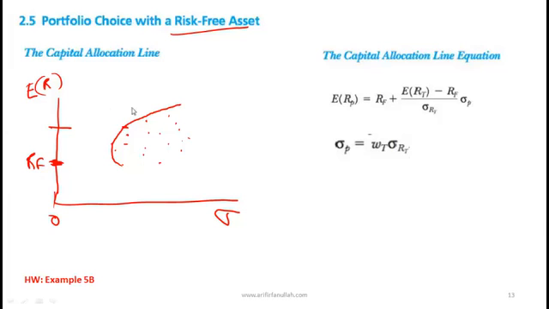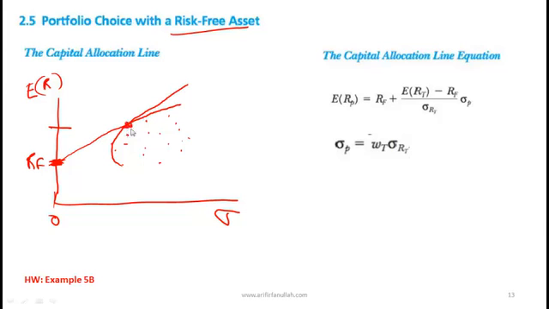Going back to level 1, your capital allocation line is the straight line that starts from here and tangentially touches the efficient frontier. This is going to test my drawing skills, but you start from here.